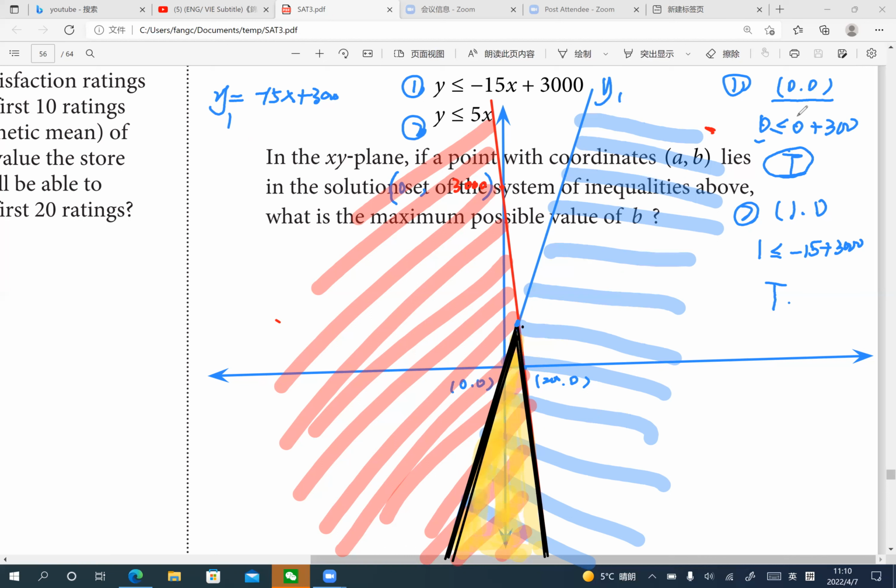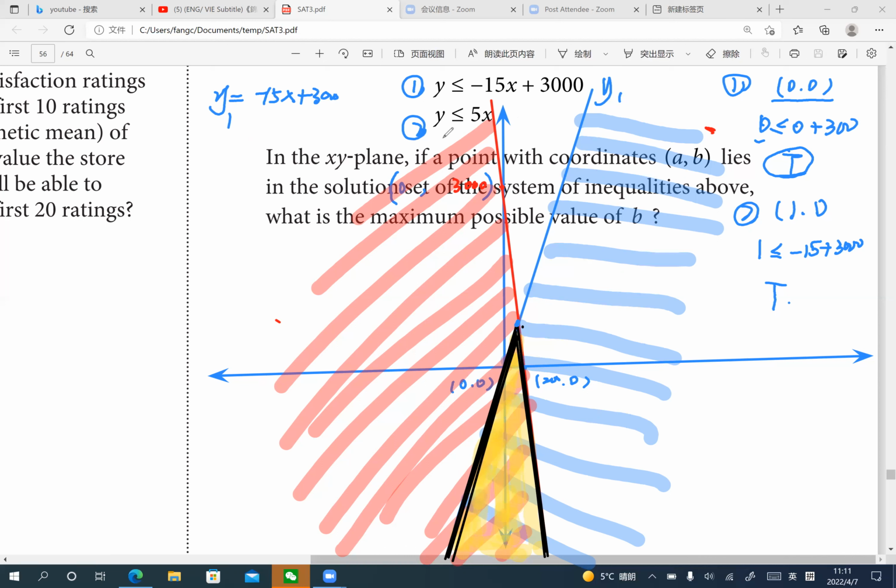So if this point makes the inequality a true statement, then we just need to shade the area that includes the point we selected, which is 0 and 0. So I shaded it in red. So it's this half. The red area is the half we need.